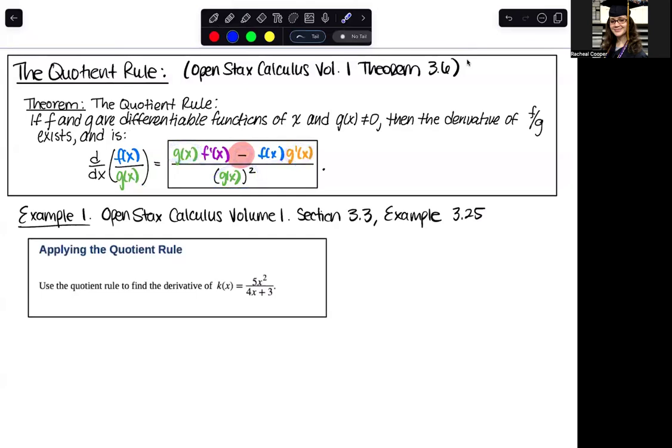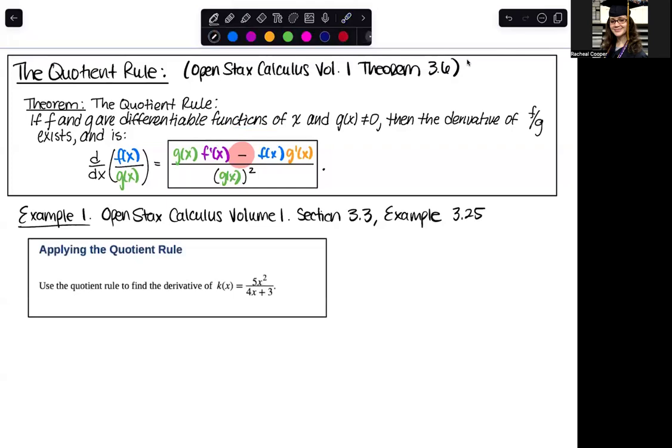I like to think of this when I'm writing it down without the formula sitting in front of me, that I have to write the denominator first in the numerator when I apply the quotient rule, then multiply it by f prime, but I need to then subtract f times g prime. And remember, when you subtract, order matters. These two things subtracted in the other order are not equivalent to what you see here.